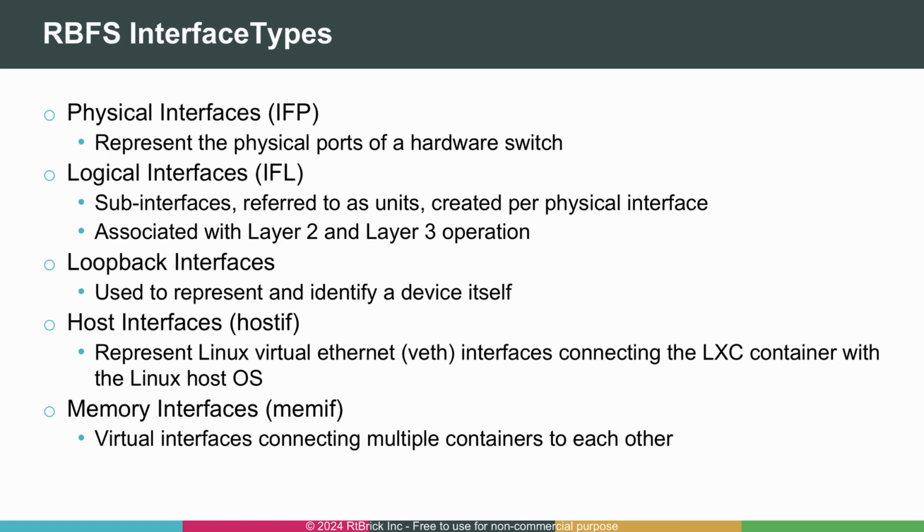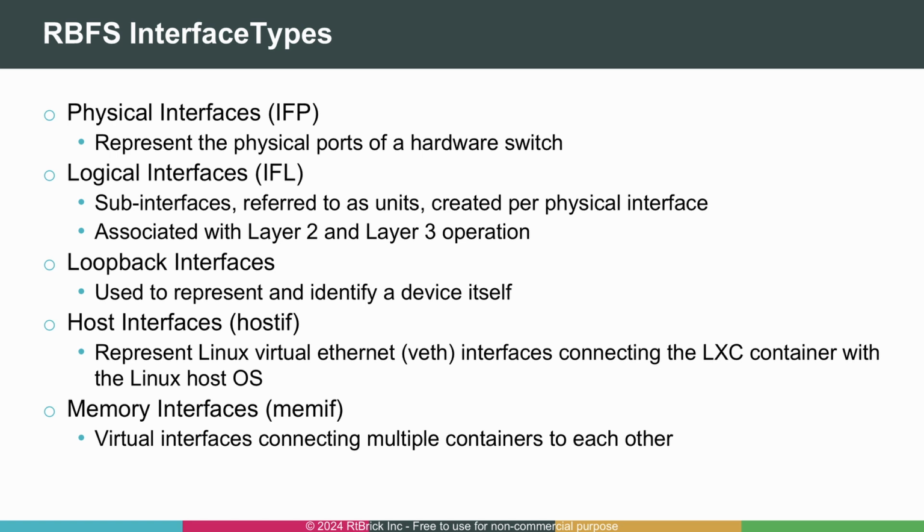A loopback interface is used to represent and identify the device itself. Loopback interfaces are preferred because they are independent of the status of physical ports, meaning they will always be up. Linux Virtual Ethernet interfaces connect an LXC container to the Linux host OS. In RBFS, a Virtual Ethernet interface to the Linux bridge is created by default.